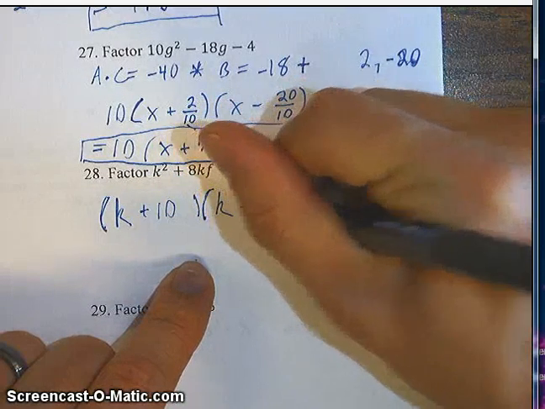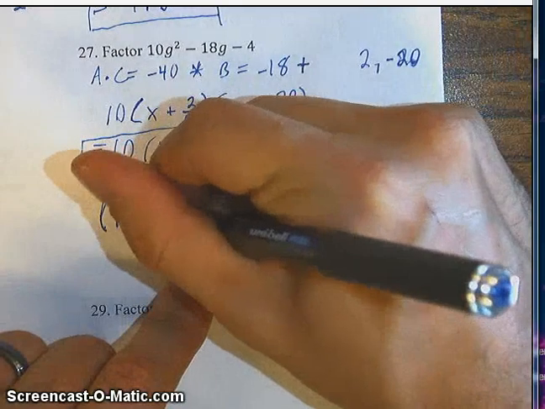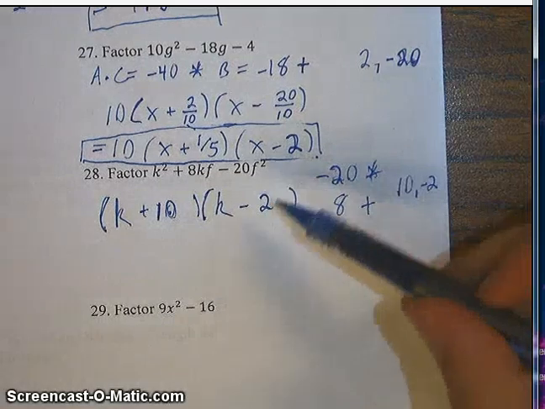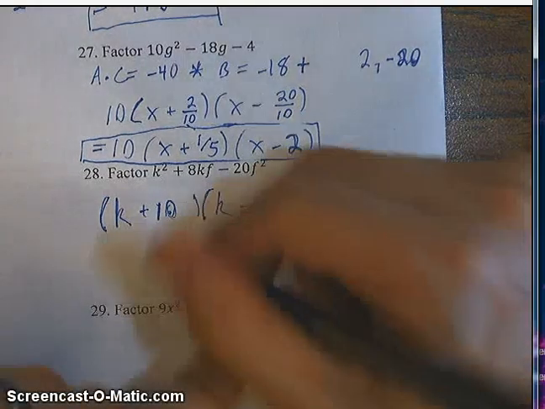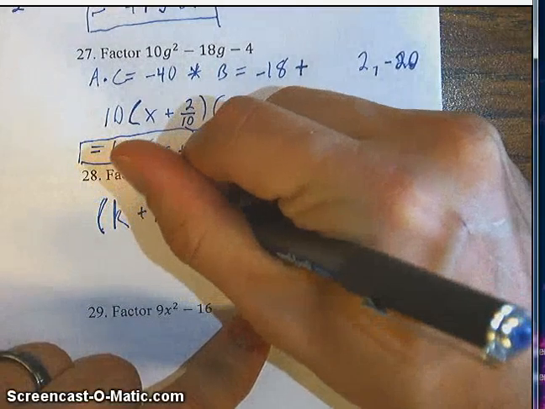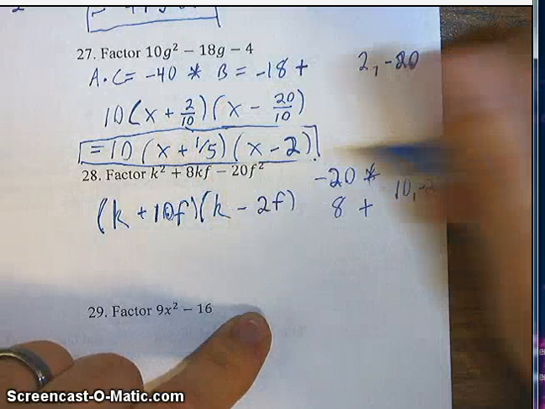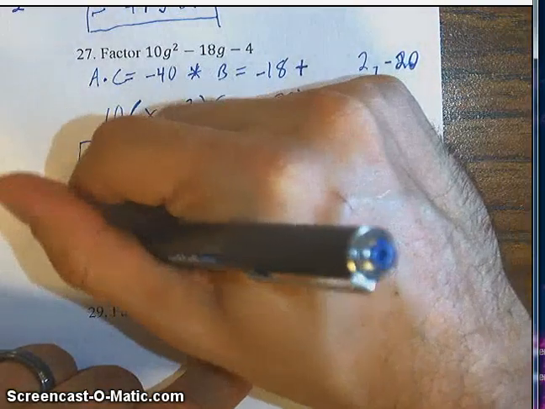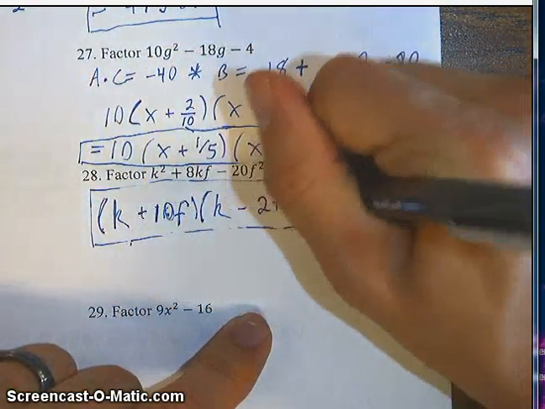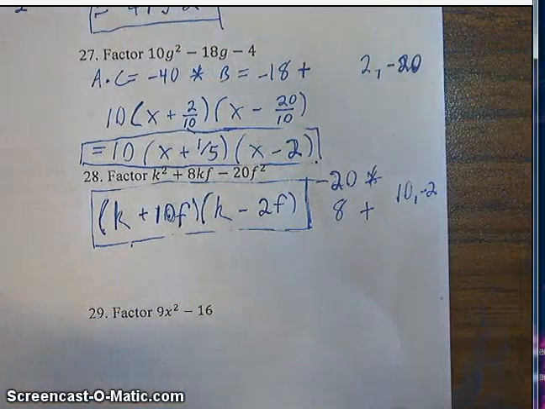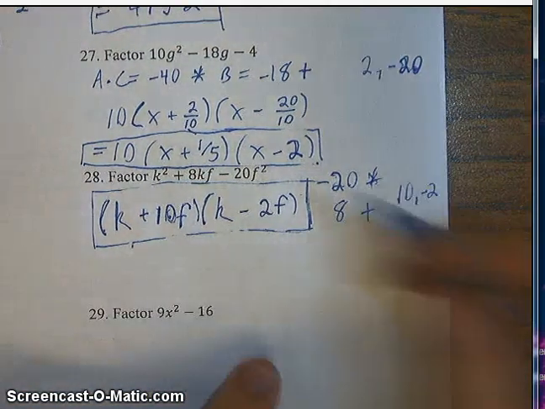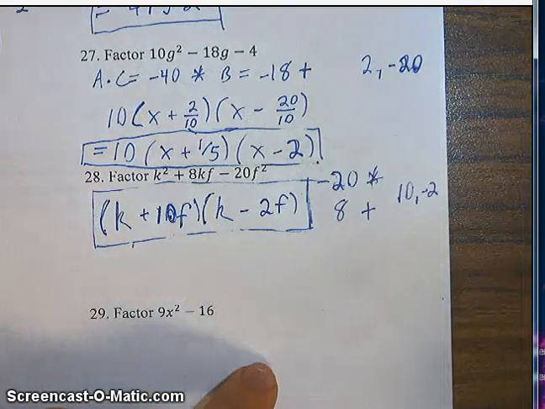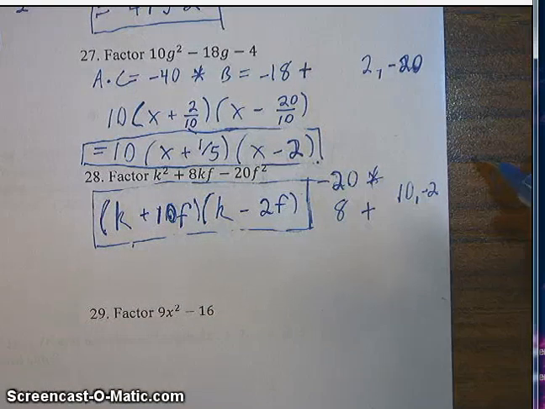Now the only thing we need to change to this logic to make it work here is we need to put a couple f's in the answer to make it work out correctly. And that's it. It's k plus 10f times k minus 2f, which is the correct answer.